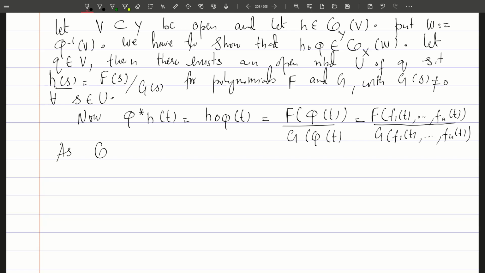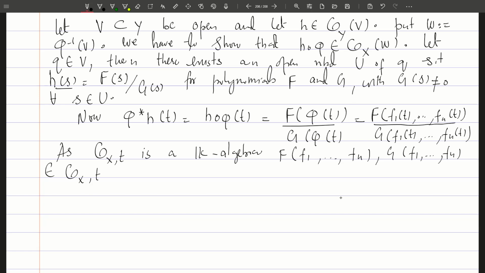So as the local ring at t is a k-algebra, the function f of F1 up to Fn and the function g of F1 up to Fn belong to the local ring of t, and g of F1 t up to Fn t is nowhere 0 on t, where t is inside U. So this means that this function g of F1 up to Fn is a unit in the local ring.